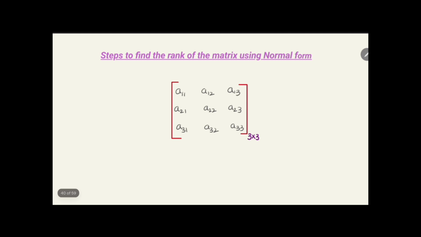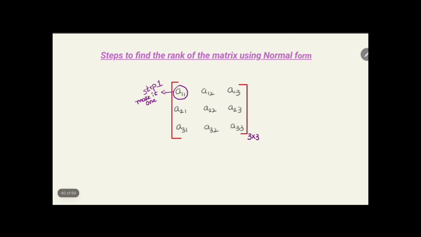First, step 1. What is step 1? We have to make A11 equal to 1. Step 1 is make A11 1. For that we have to find the possibilities for swapping with any other row or column which has 1 as the first element.